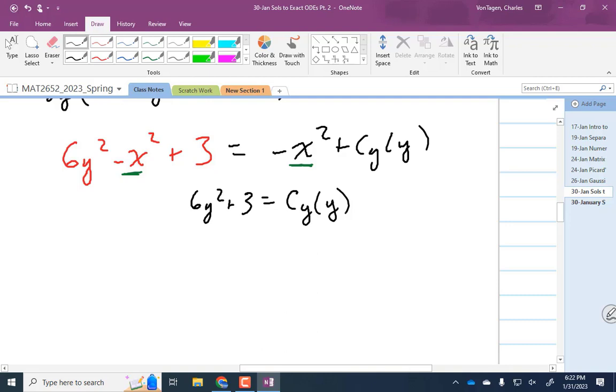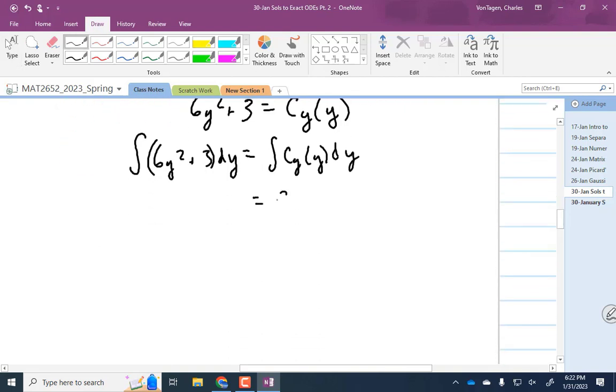So now I'm going to integrate this expression with respect to y. We take the integral of 6y squared plus 3 with respect to y, and that's equal to the integral of c sub y with respect to y. And so that tells me that c, the one thing I still needed to give my solution to this problem, is 2y cubed plus 3y plus c.